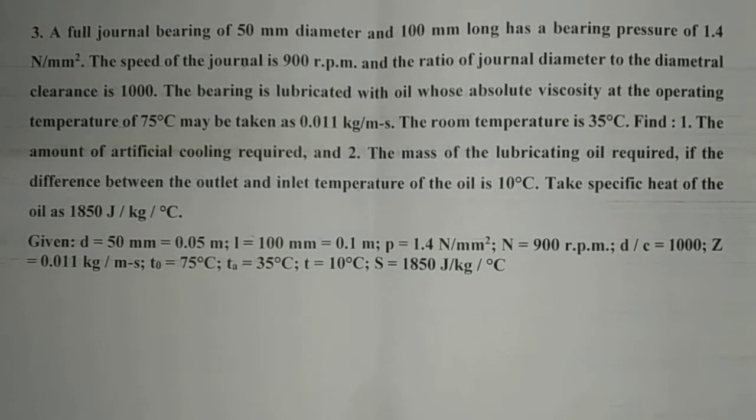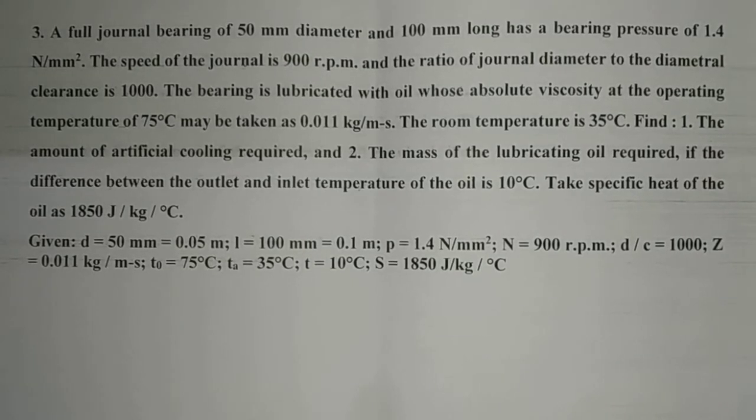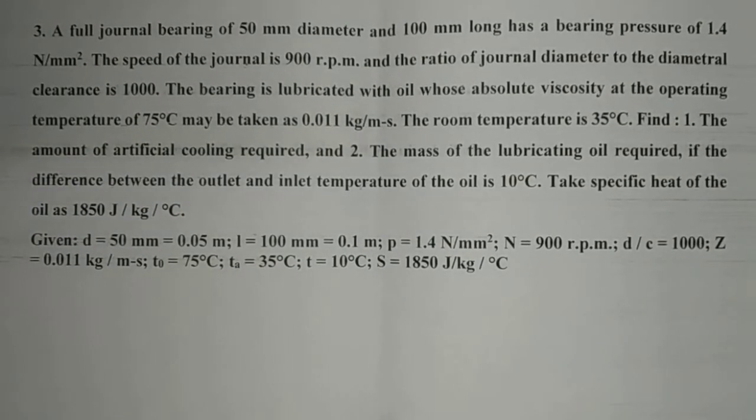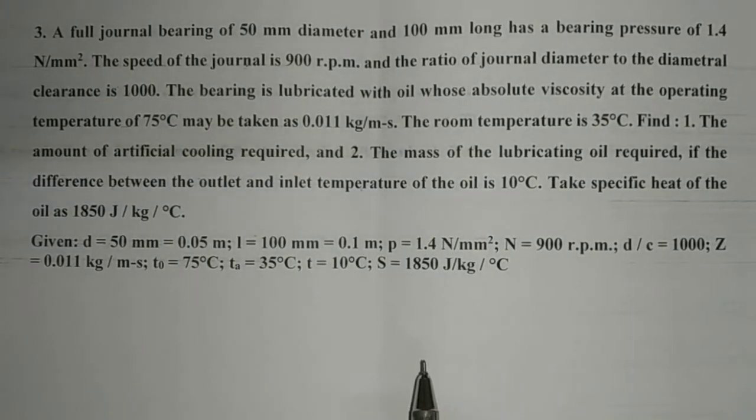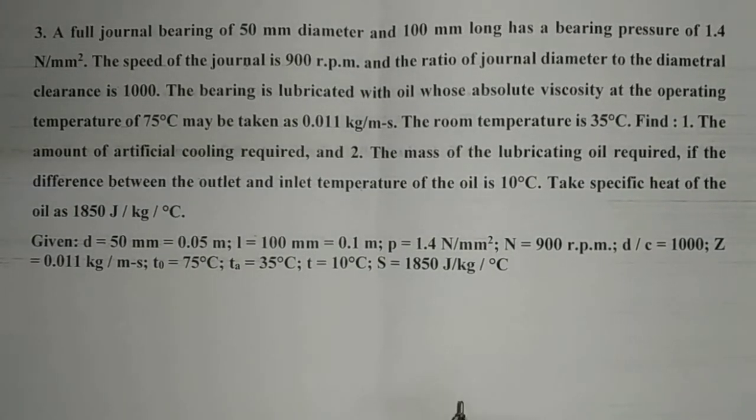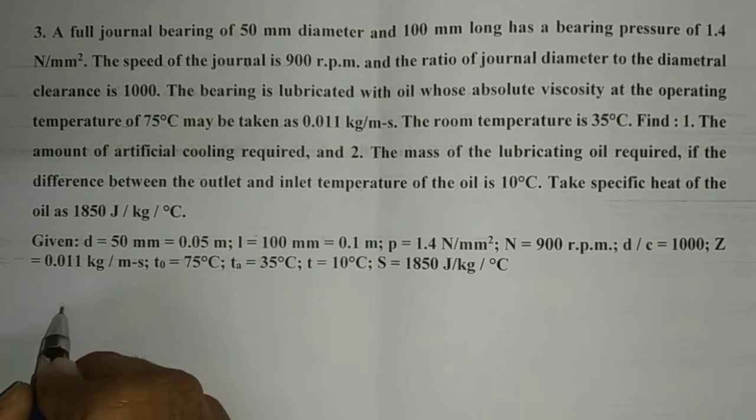As we know, the equation of the heat generated Qg is equal to mu W v. For that, first of all, we have to find mu, the coefficient of friction.